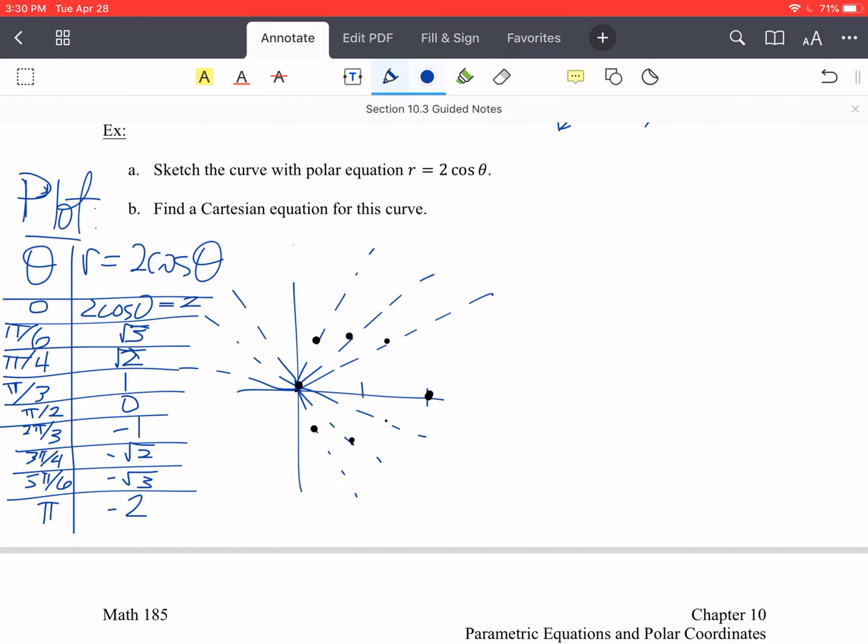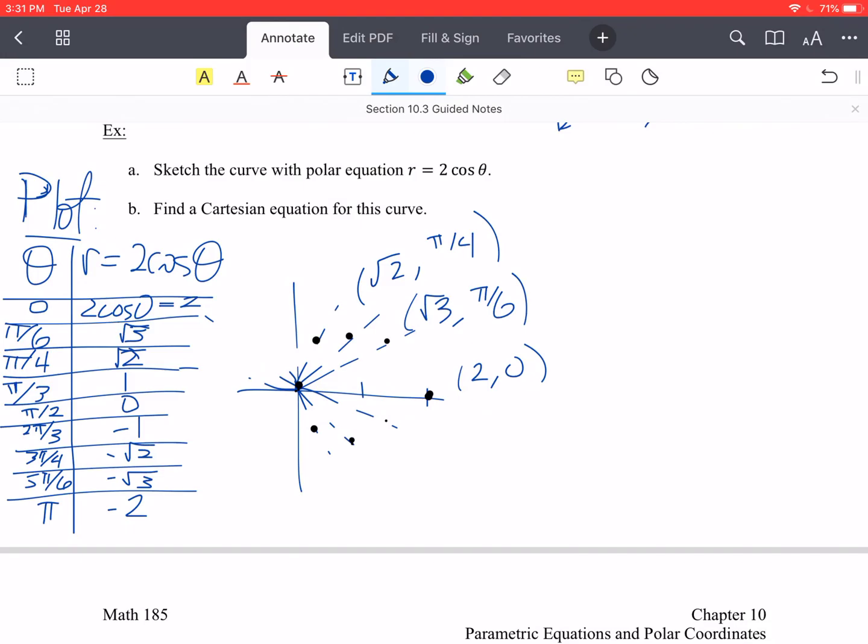So this is the point 2 comma 0. Remember, r always comes first. This is the point root 3 comma pi over 6. This is the point root 2 comma pi over 4.